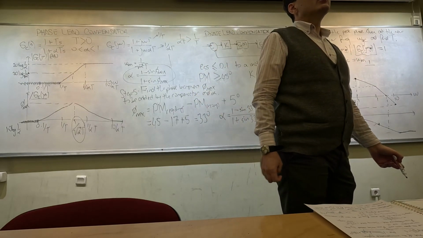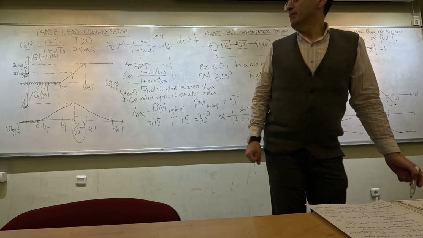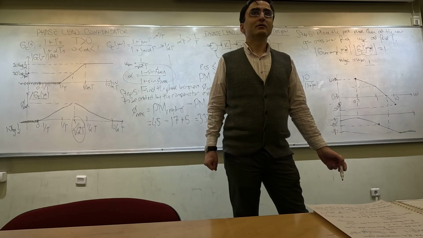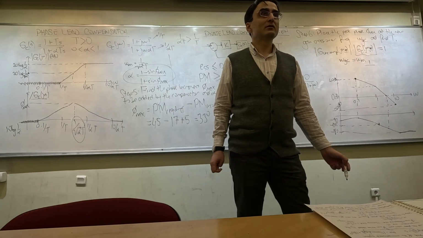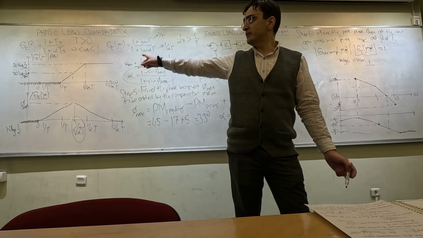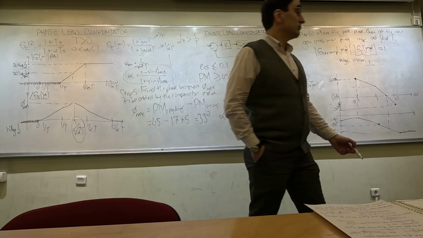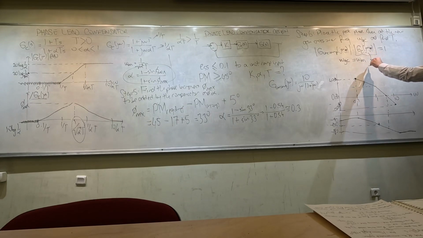Tell me in terms of alpha. That is in dB scale. In linear scale, what is the magnitude of GC of j omega m? 1 over square root alpha. So I know that this thing is 1 over square root of alpha there.